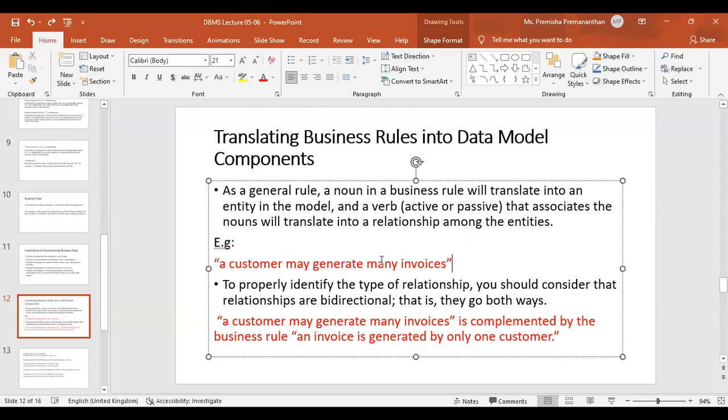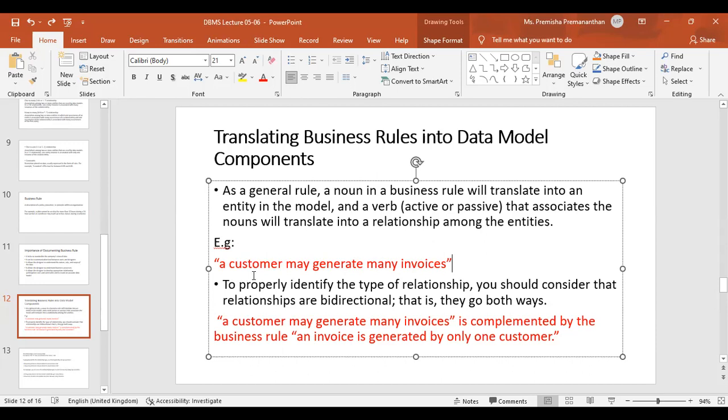Here, a customer generates an invoice is one way. The second way is an invoice is generated by a customer.